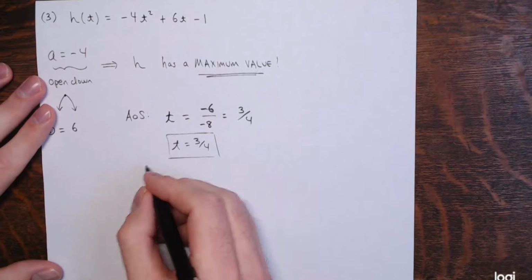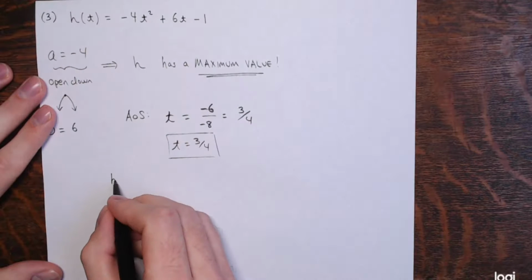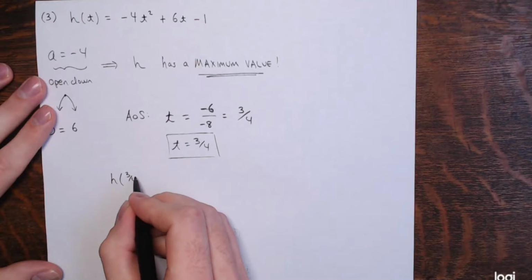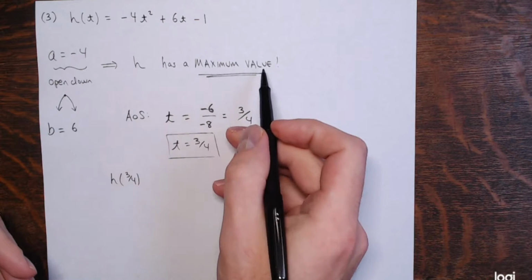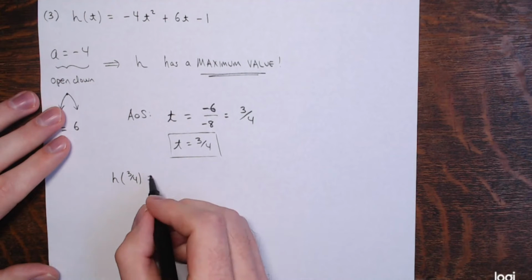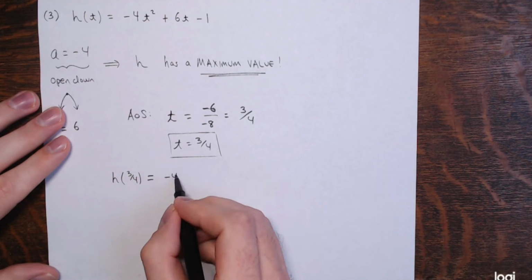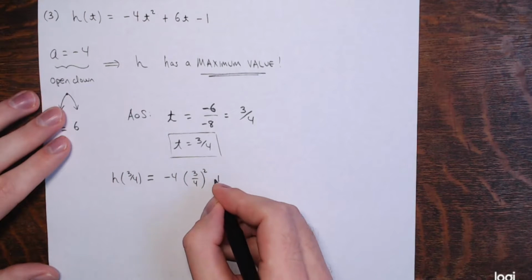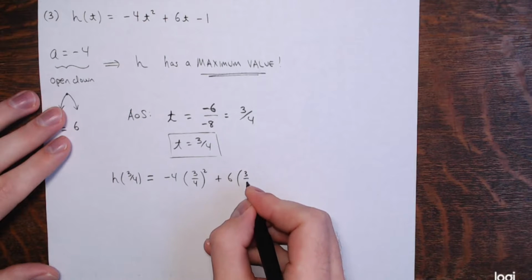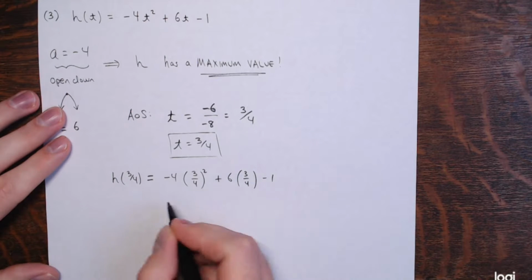And then I plug this in. What's the value of h at 3/4? And this will give me the output of the vertex, this maximum value of the function. So this is negative 4 times 3/4 squared plus 6 times 3/4 minus 1.